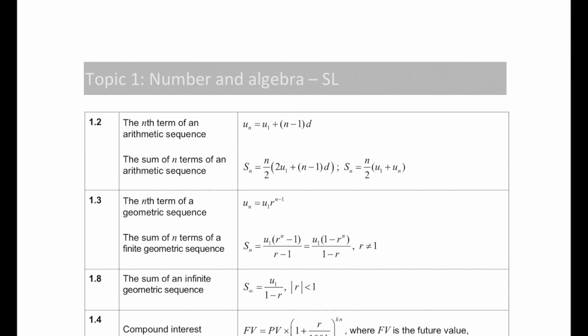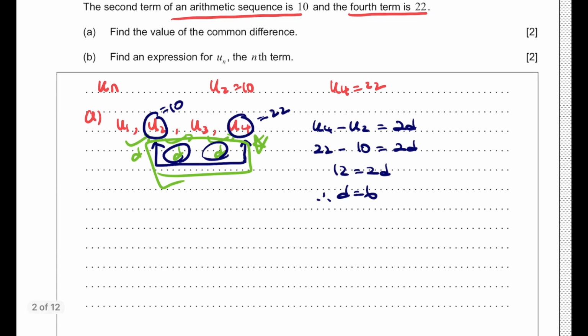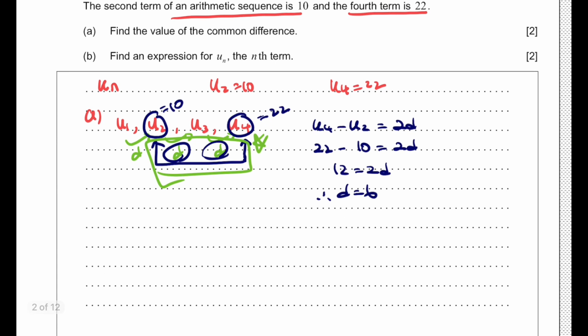If you look at page 2 of your formula booklet, in box 1.2, there's a formula for the nth term of an arithmetic sequence, which is Un equals U1 plus n minus 1 times D. So using this formula, we can set that U2 is the same as U1 plus 2 minus 1 times D, which is equal to 10.